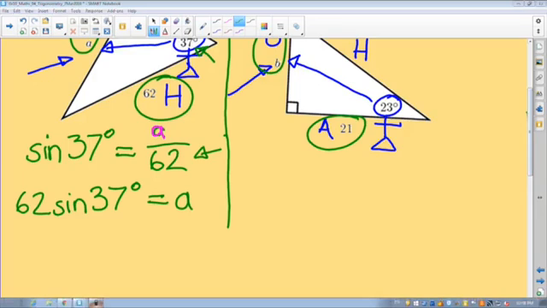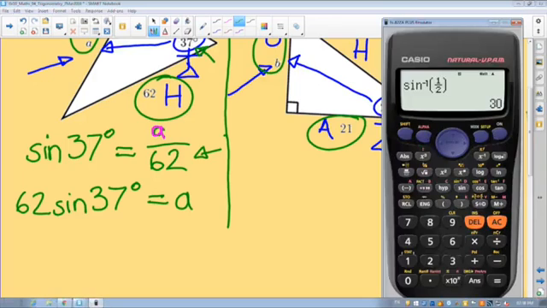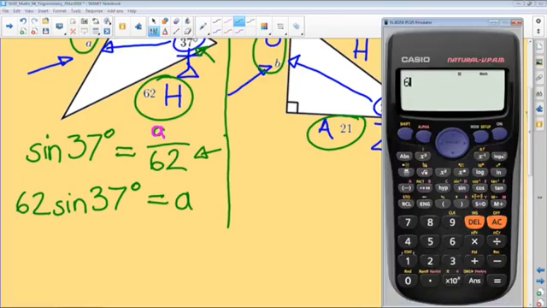So let's open up our calculator and we'll put in 62 times sine, and on this calculator you don't need to put the sine. We put 37, sorry, calculator malfunction, 37, open brackets, press equals, and our answer is 37,31.